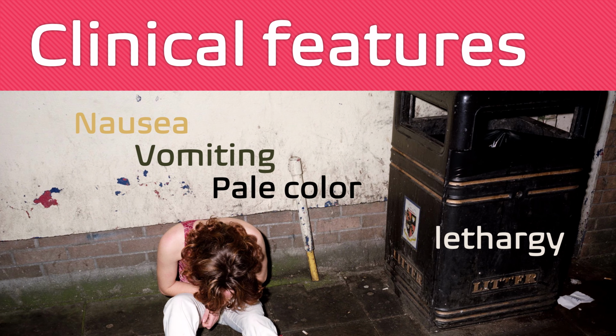Clinical features are highly variable and depend on the ingestion method, the time from overdose to presentation, the amount of paracetamol taken, and the pre-morbid condition of the patient. When symptoms do occur, common symptoms include nausea, vomiting, lethargy, and pallor.